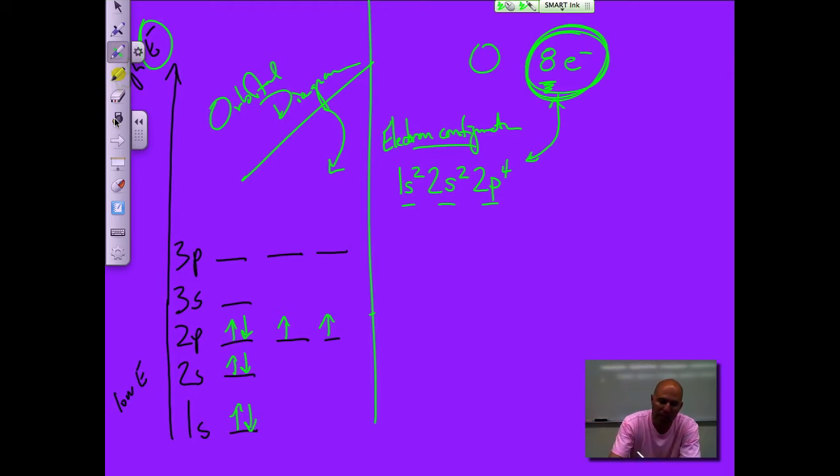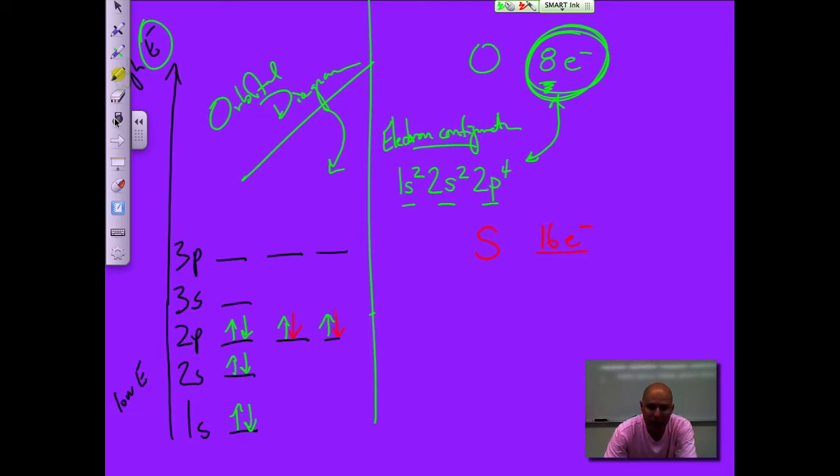Okay? Now, if I do another element, let's choose sulfur. Sulfur has 16 electrons. I hope that we'd all agree that the first 8 would be exactly where they are right now, right up to where the 2p4 is. The 9th would be right next to the other singular.